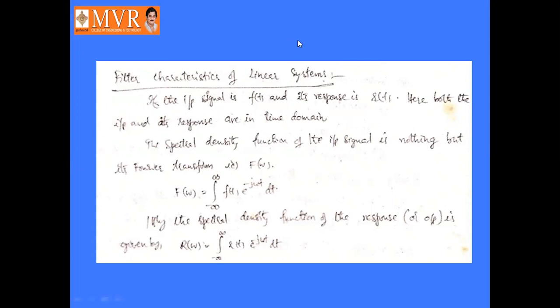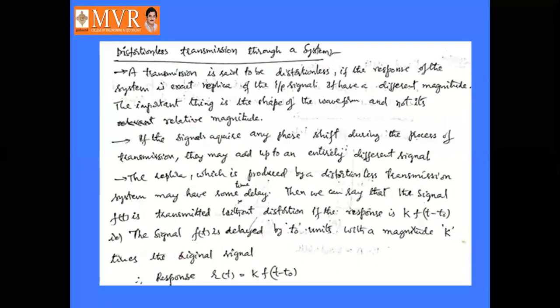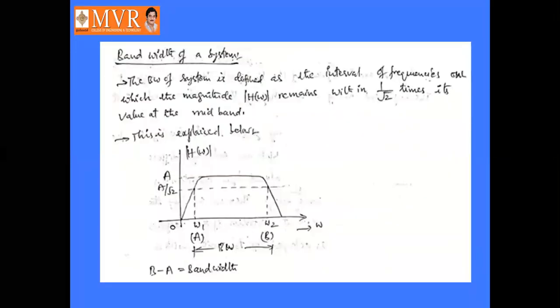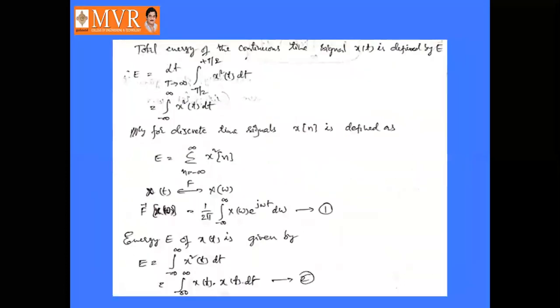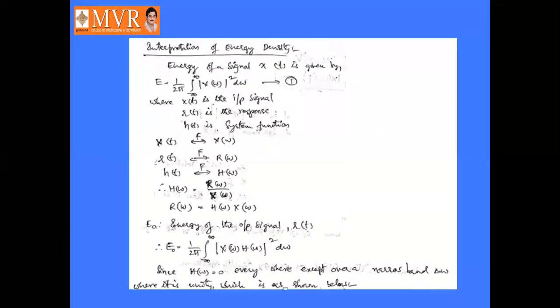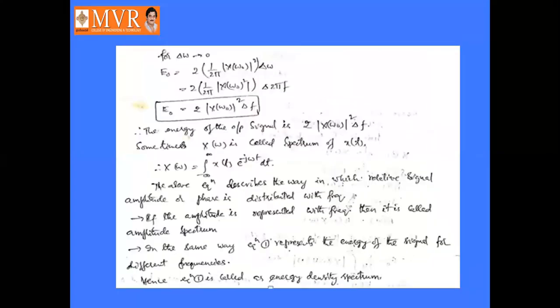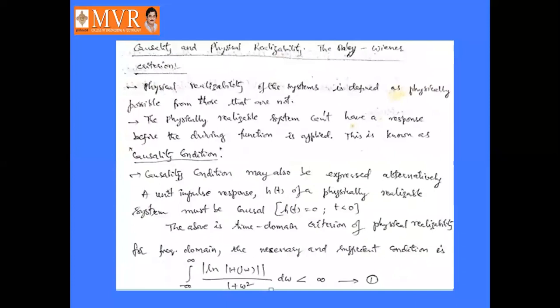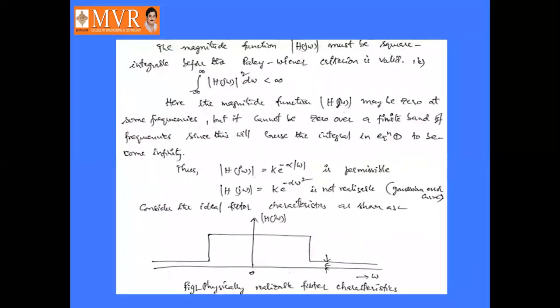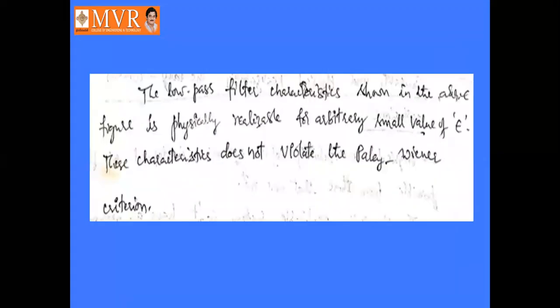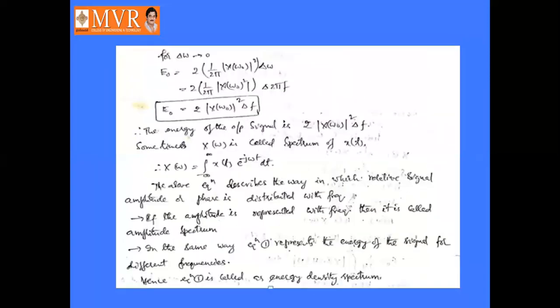In the next class we will discuss the remaining filter characteristics of linear systems, then distortionless transmission through a system, bandwidth of a system, energy density spectrum, interpretation of energy density, power density spectrum, and lastly causality and physical realizability, which is also called the Paley-Wiener criterion.